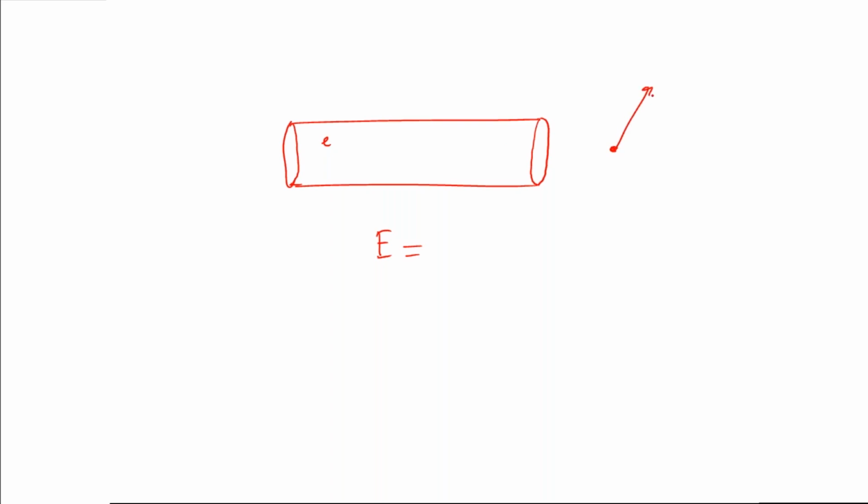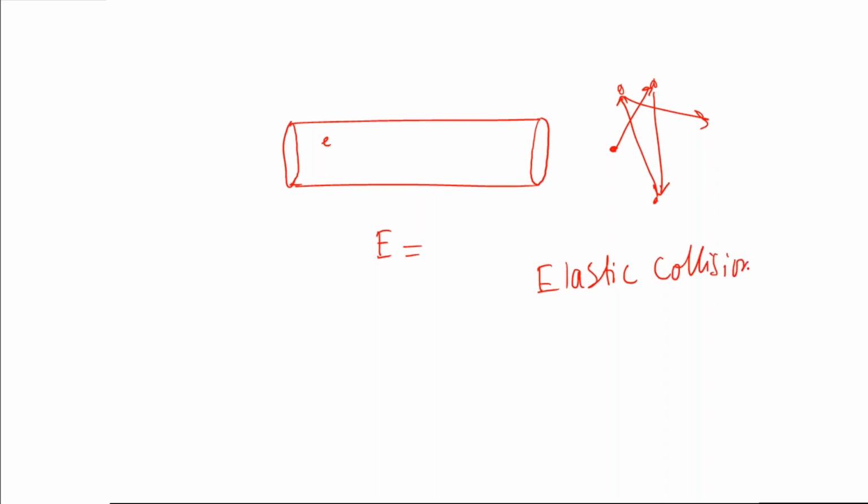It will move in this way, and after collision it may move this way, and then after suffering another collision it may go like this. So it is very random. The electrons are undergoing collisions, and these collisions are thought of as elastic collisions.